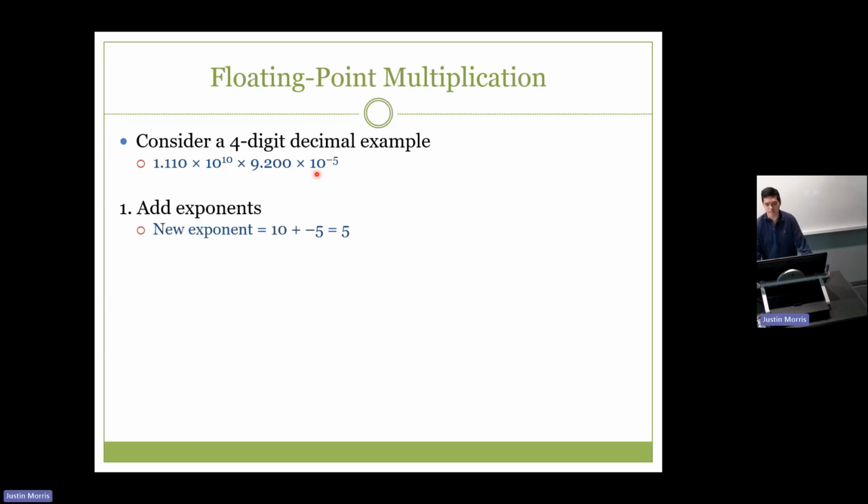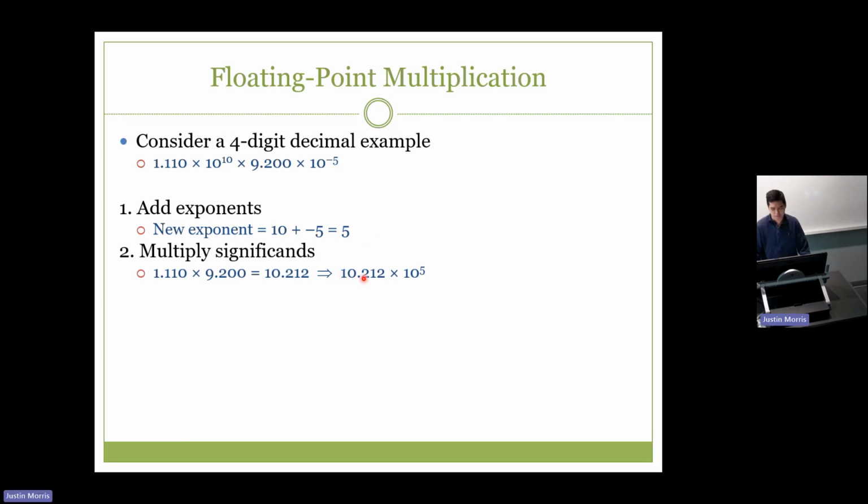They have the same base of 10, and in binary, we have the same base of 2, so we can just simply add them. So our new exponent is just going to be 10 to the 5. And then once I've dealt with the exponents, dealing with the decimal part is again very simple. Just multiply them, right?